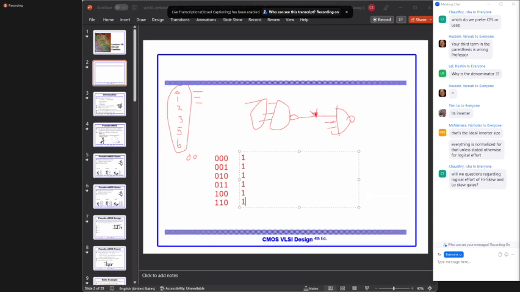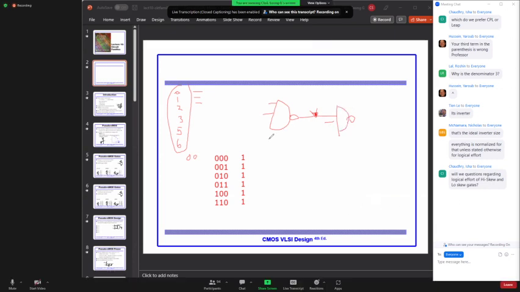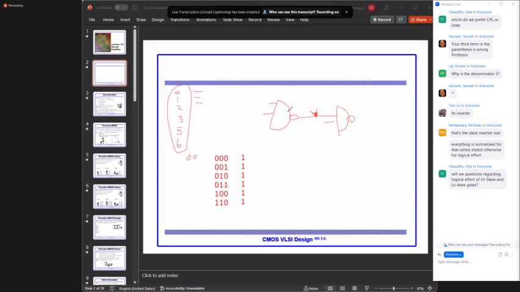So I'm going to modify it around a little bit. I'm going to turn it into a 2-input NAND gate that is feeding actually another 2-input NAND gate.